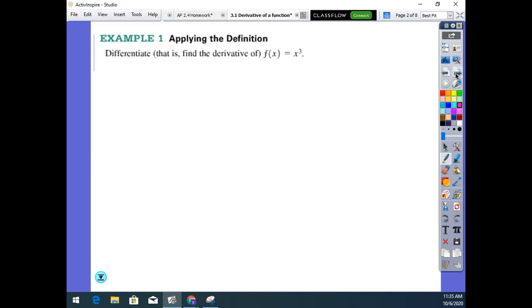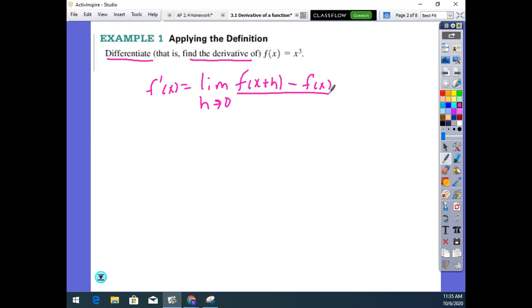Okay, so let's look at what this is. Differentiate, which means find the derivative, which is f prime of x equals the limit as h approaches 0 of f of x plus h minus f of x all over h. So that's going to be the limit as h approaches 0 of x plus h cubed, because I'm just plugging in x plus h for my x's here, minus f of x, which is x to the third, over h.